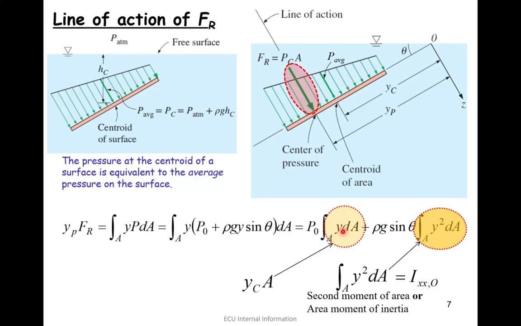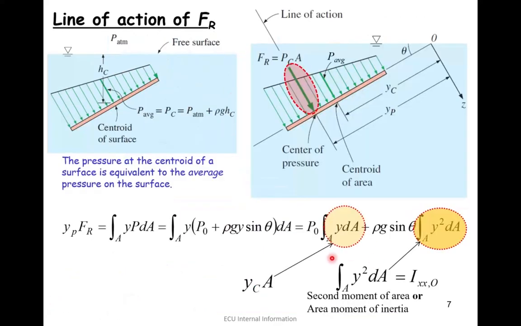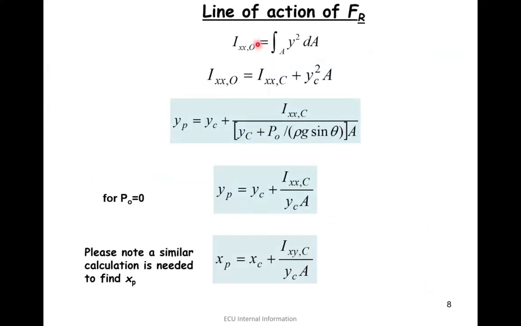That means if this is the y-axis, this is the moment of inertia around the x axis. What is this? This is the centroid of the surface, which, if you look at this equation, is a times yc equal to that one. That's why we say this term is yc a, and this term is the moment of inertia around the point that we take moment, not the centroid. So now we need to transfer this moment to the centroid.